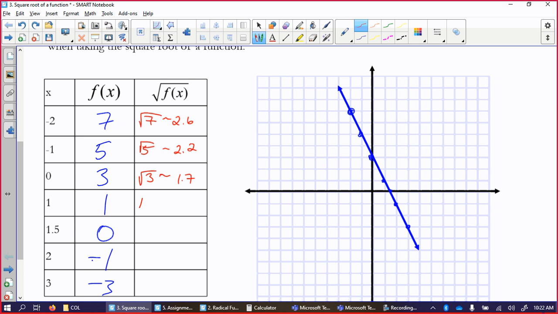Well, now we get to something that's nice and simple. The square root of 1 is 1. Awesome. I picked this point for another reason. The square root of 0 is 0. The square root of negative 1, negative 3, all of this other bit does not exist.